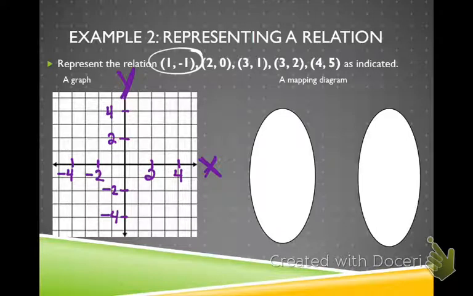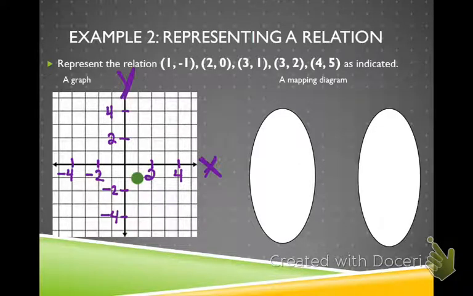Since it's positive, I'm going to go which way on x? I'm going to go to the right 1. That's where my positives are, to the right. Then would I go up 1 or down 1? Down. So I go right 1, down 1, and I plot my point.